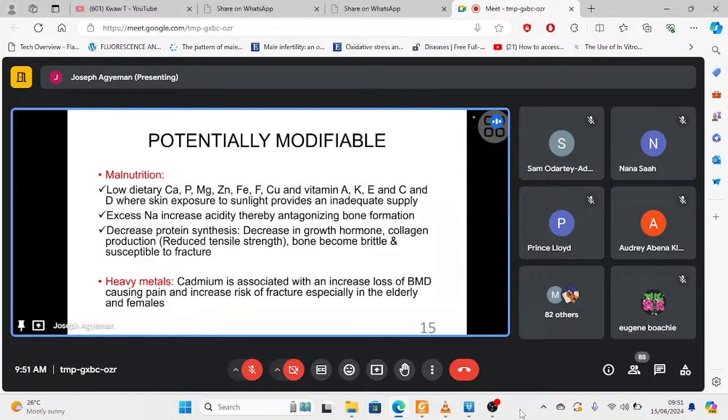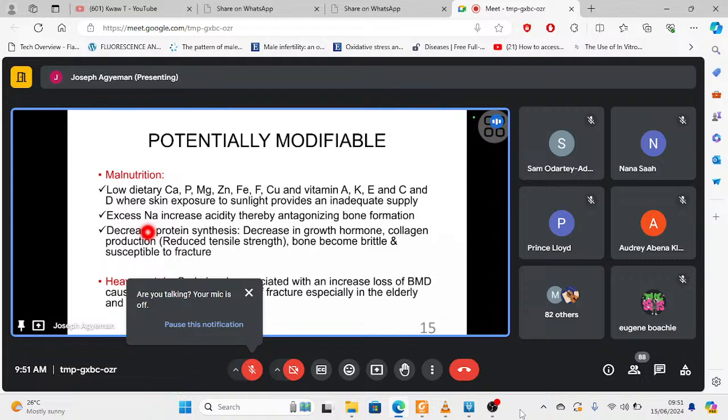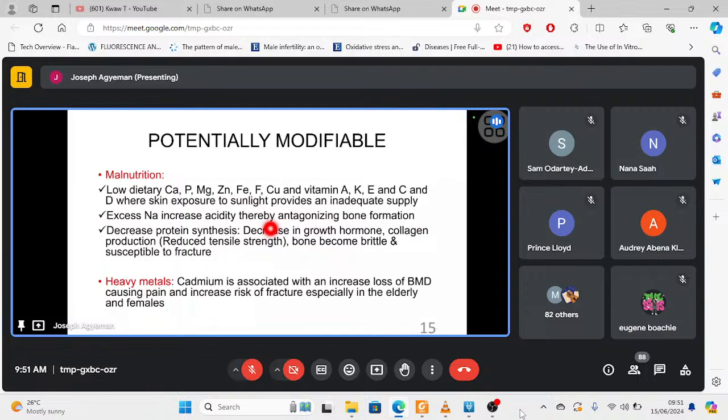Some people also take an excessive amount of sodium. That is very bad, because sodium can increase acidity and antagonize bone formation. So excessive acidity that always results in decreasing pH is not good for bone health. It can lead to bone resorption.